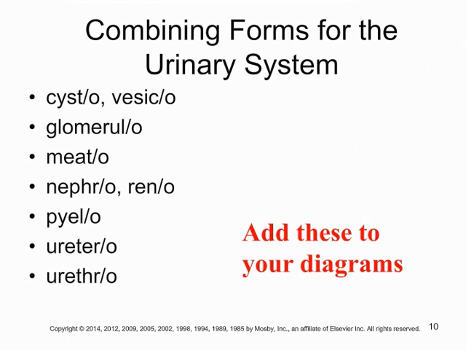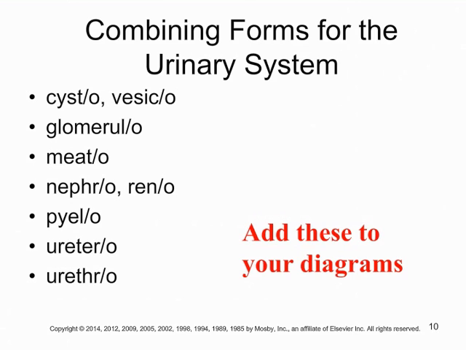Nephro or reno. Nephro, you would think means directly nephron, but it's more broad. Both of these terms mean kidney, and we're going to use both of them quite often. Pyelo is the kind of weird one out.